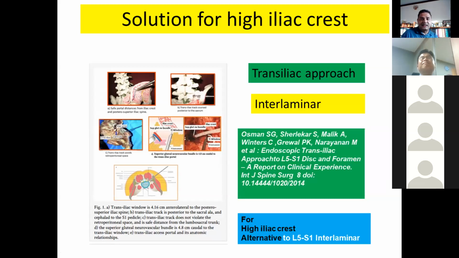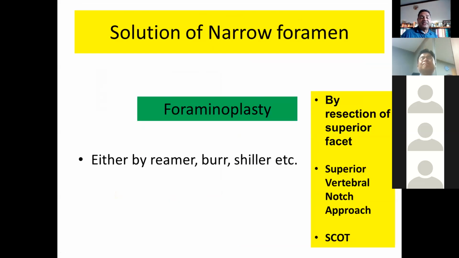For a high iliac crest, there is a transiliac approach, or we can approach that pathology by the interlaminar approach. And there is a solution for the narrow foramen. We can widen the foramen by the foraminoplasty technique, either by reamer, burr, or by the technique of resection of the superior facet, the superior vertebral notch approach, such as SCOT, that's the suprapedicular circumferential opening technique.